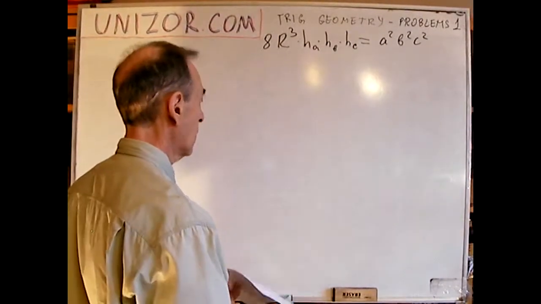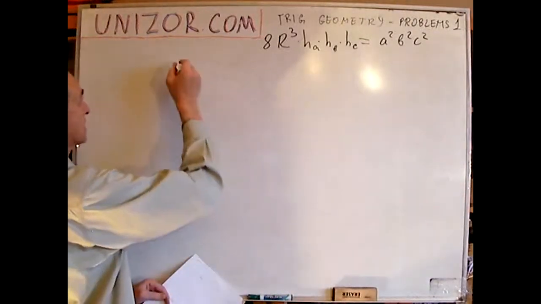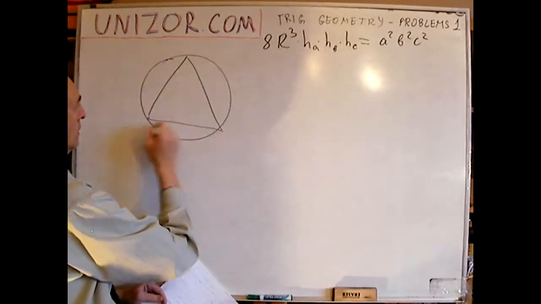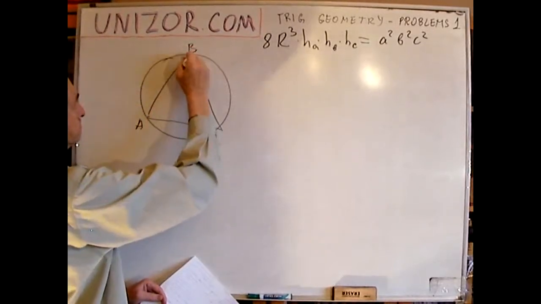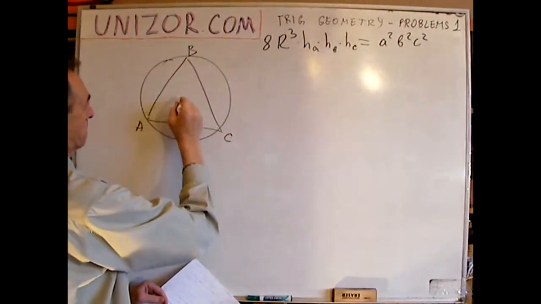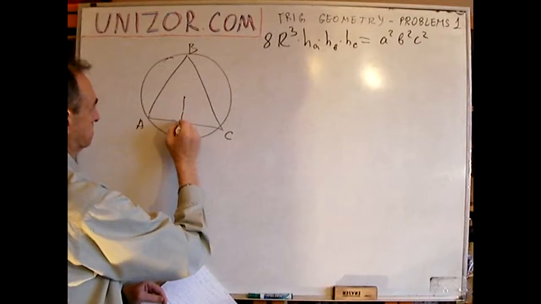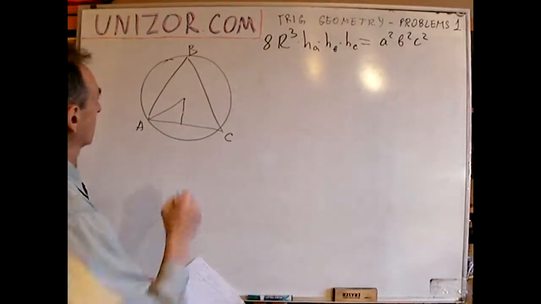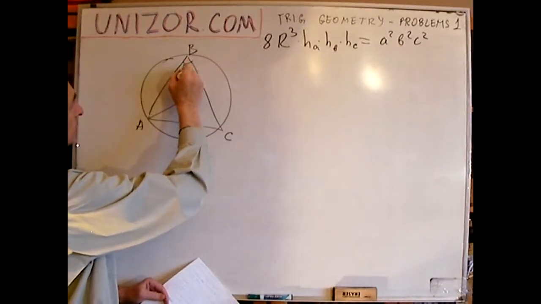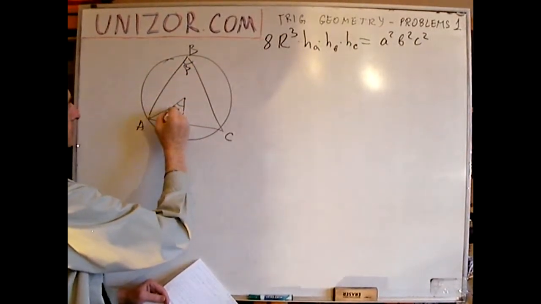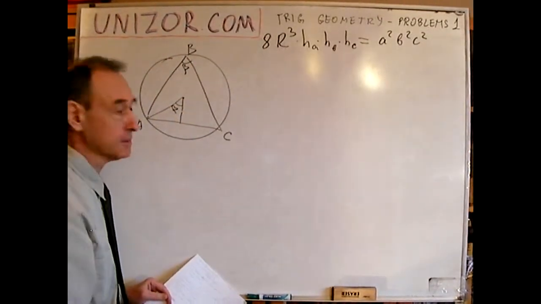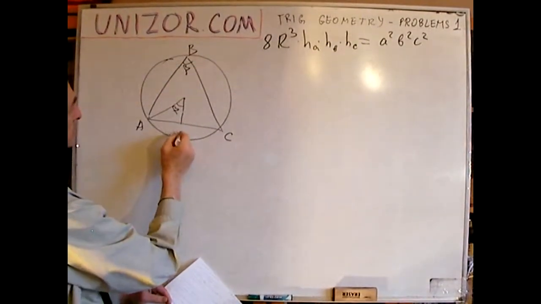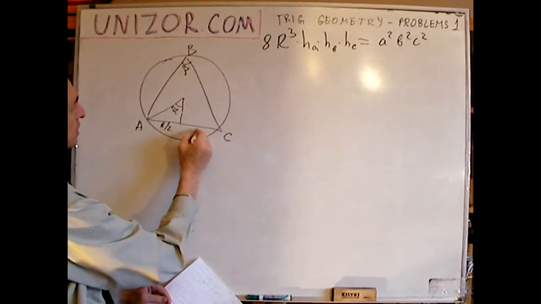Okay. Now, let me draw exactly the same picture as before. Now, this is angle beta, and this, as we have concluded, is angle beta as well. Now, this is opposite to B, so this is B over 2, and this is B over 2.